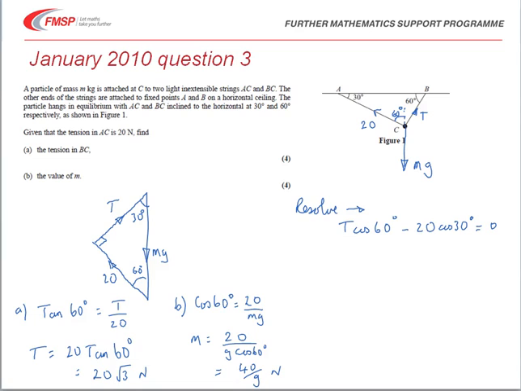And again, if you solve that, T is equal to 20 multiplied by cos 30. Cos 30 is root 3 over 2. And then dividing by cosine of 60, cosine of 60 is 1/2, and that again gives 20 root 3.